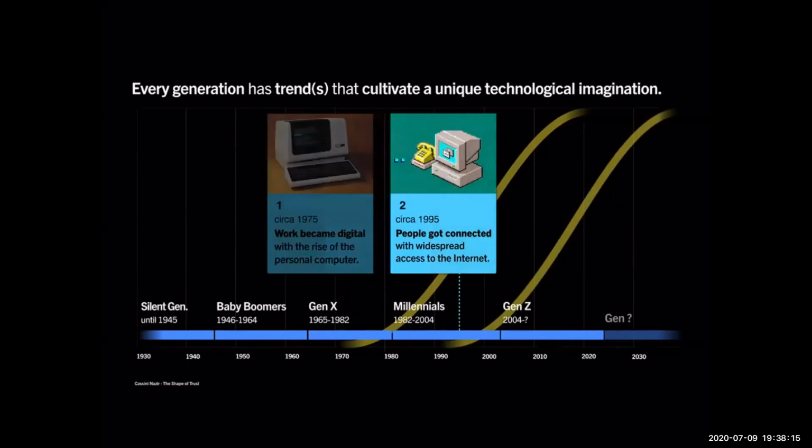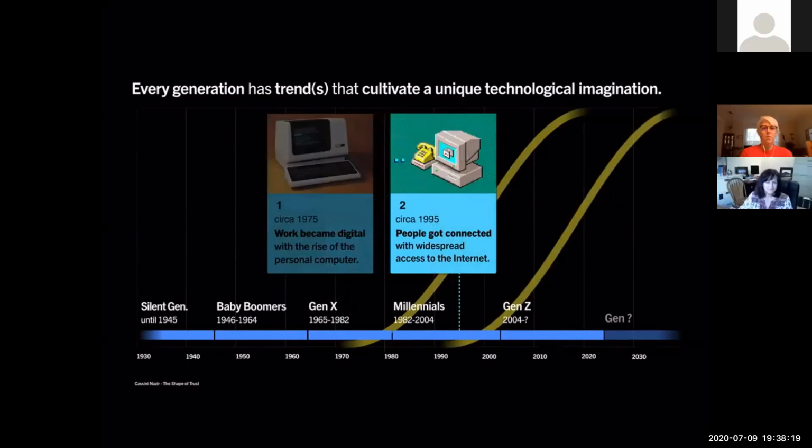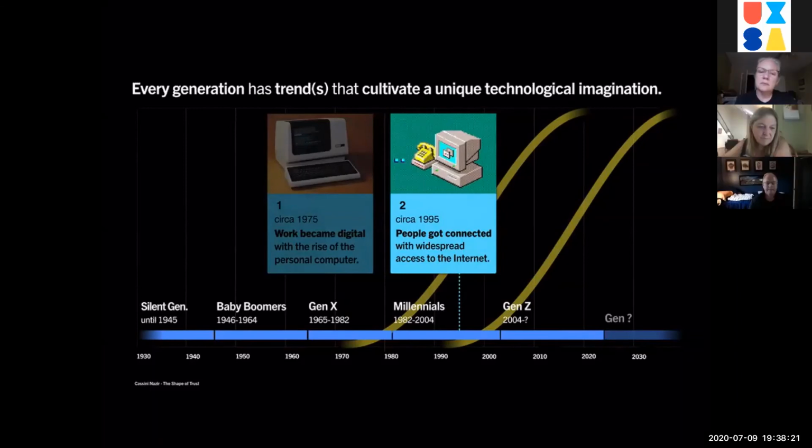In the 90s, we got connected commercially and across the world. The internet had been around for much longer than 1995, but people began getting connected with America Online, CompuServe, et cetera, beginning widespread in 1995.